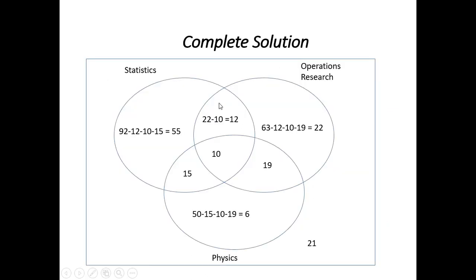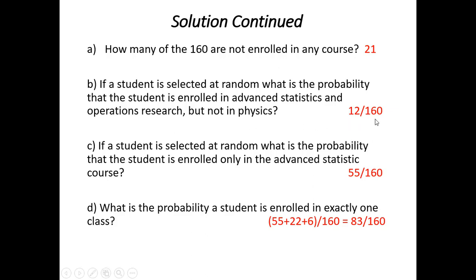That would be this region right here. We have advanced statistics, operations research, but not physics, so I don't want to count this 10. So our answer is 12 divided by the entire number, so 12 over 160.